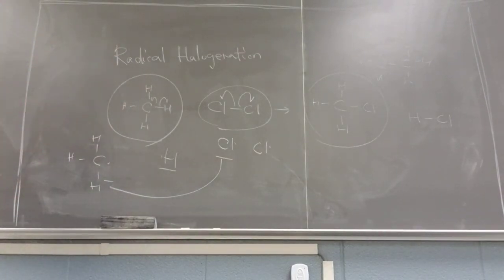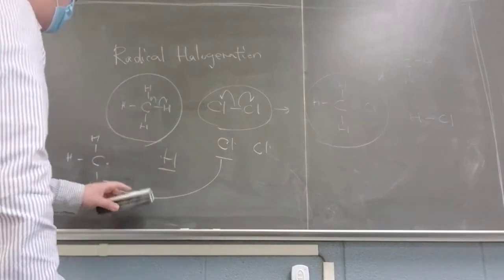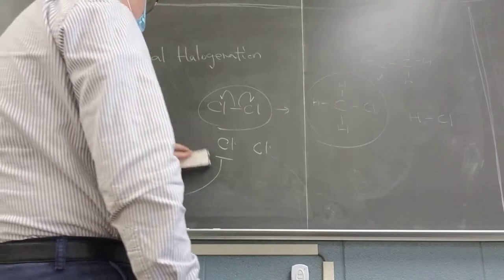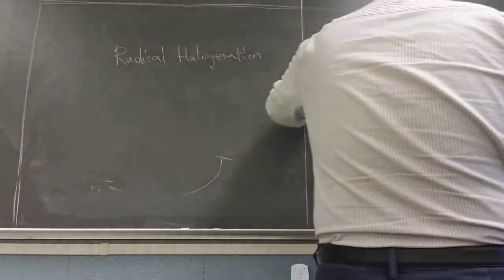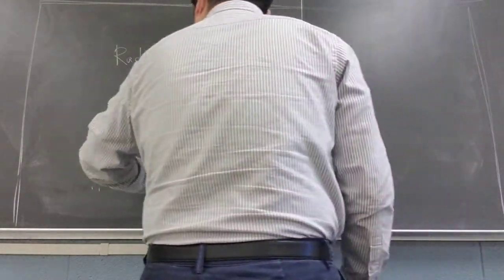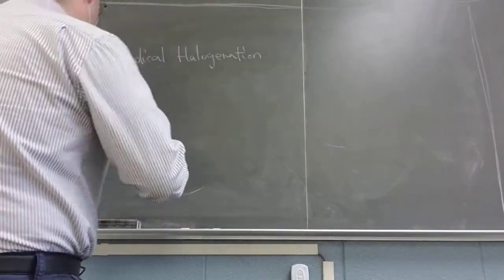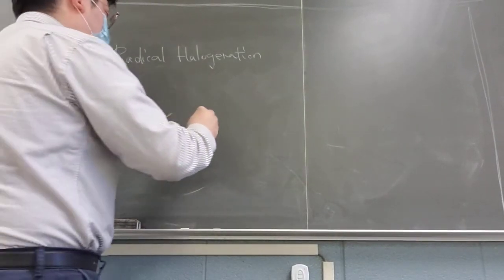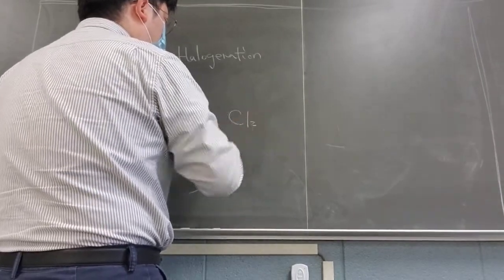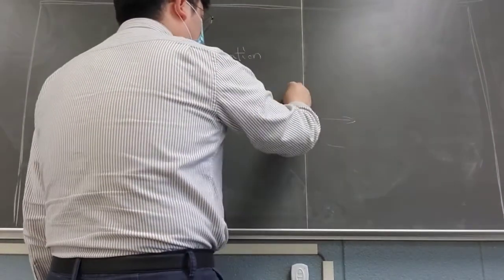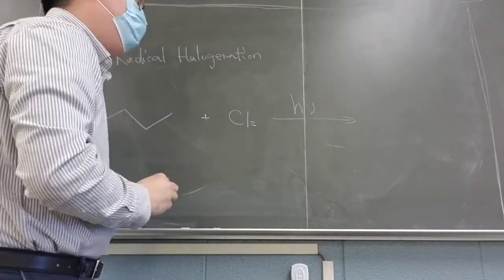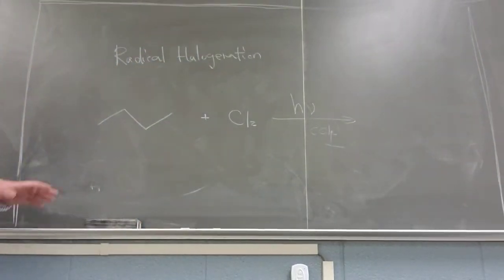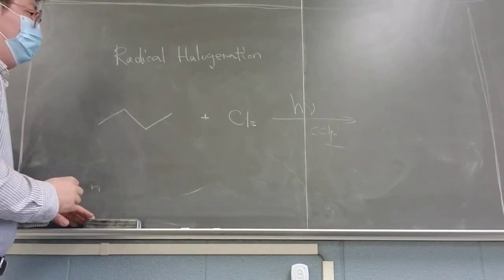There's something additional we need to know from this one, which is when we have a longer alkane. So whenever you have maybe butane over here, you can treat it with chlorine again, with a lot of energy and some organic solvent.